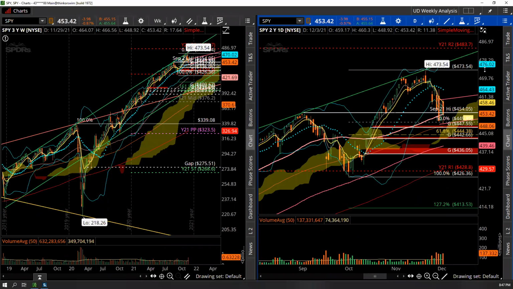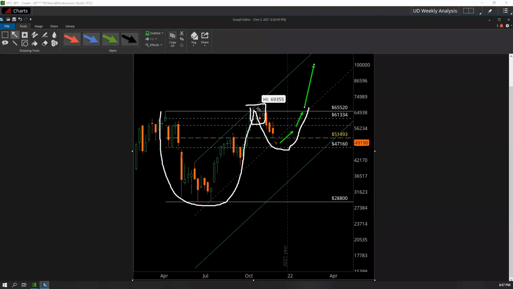So these kind of pullbacks, so far we have 5%, and if it is 10%, that will be even better from a long-term perspective, which will take it to the 150-day average. So those kind of corrections are common. As I mentioned here, it's very common for it to pull back and form that handle so that it can gain enough momentum to go higher.